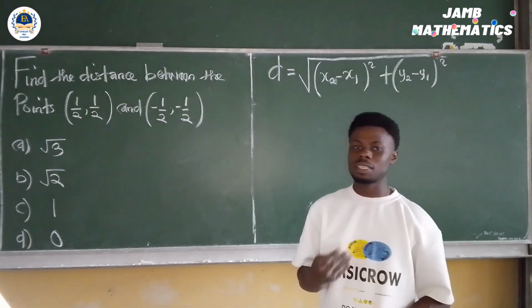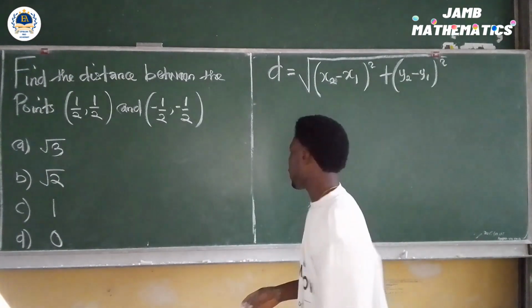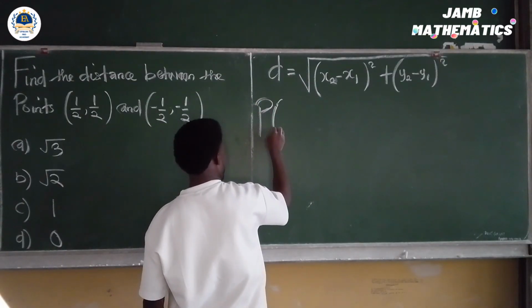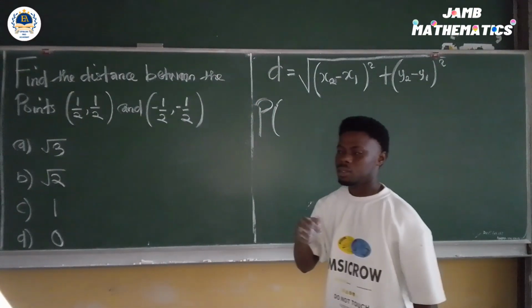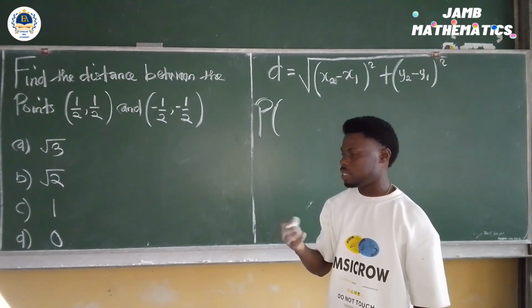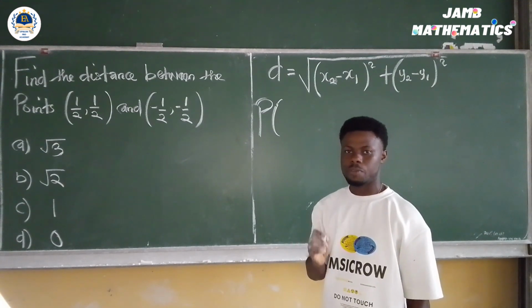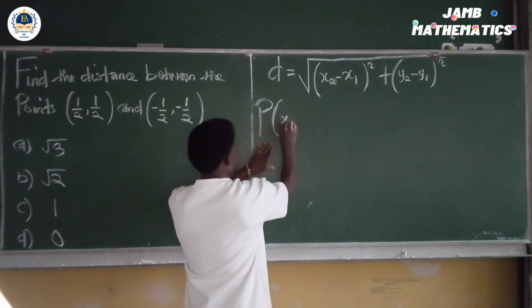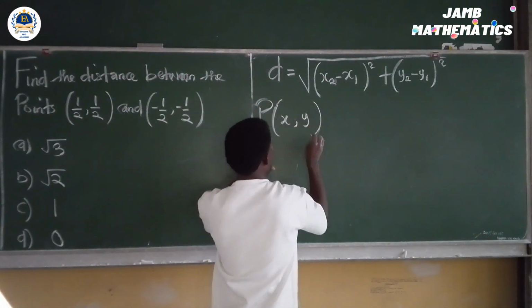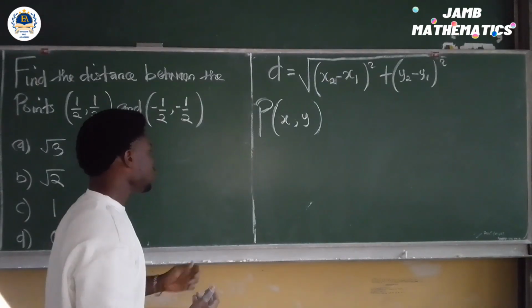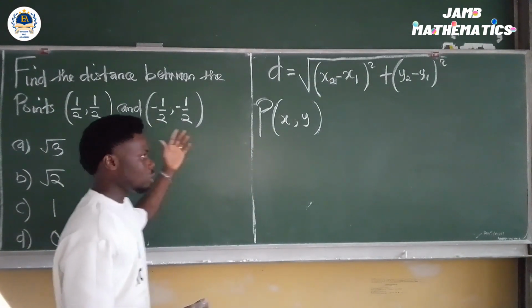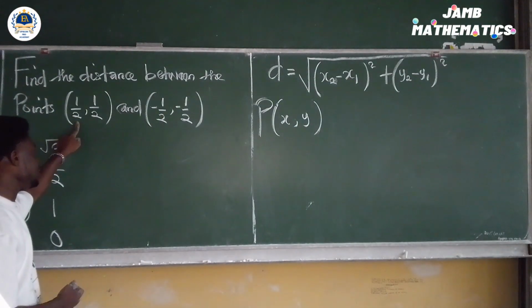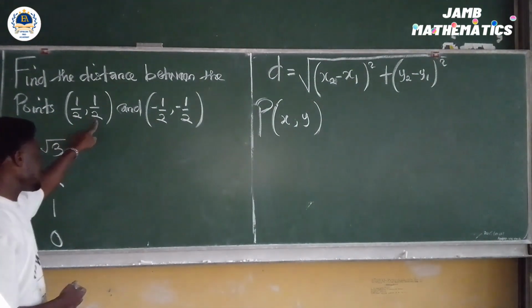Now in a coordinate system, to locate a point, let's say point P, to get the coordinate in parentheses, it is always x before y. So if you are comparing this to the 2 points or 2 positions on the question, the first value written is for x, whereas the second is for y.